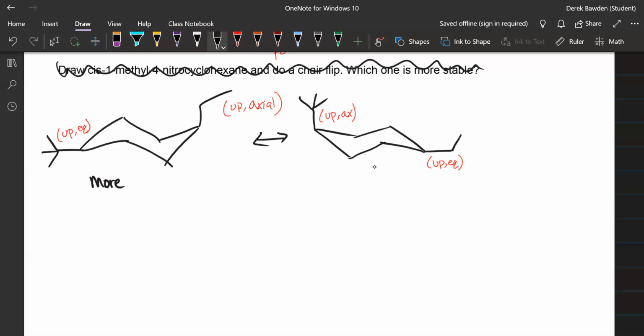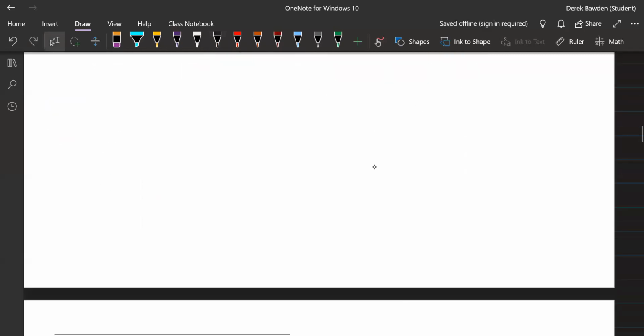How so? What makes it more stable? The bigger group is equatorial. Perfect. Our bigger group, the tert-butyl, our tert-butyl group is equatorial. That makes it more stable. Okay.